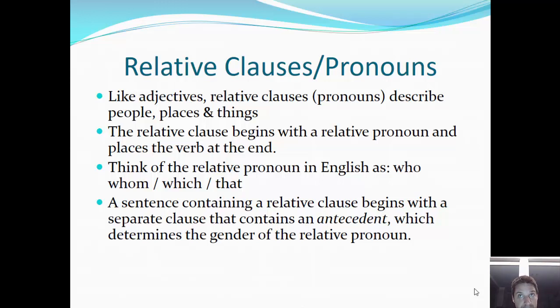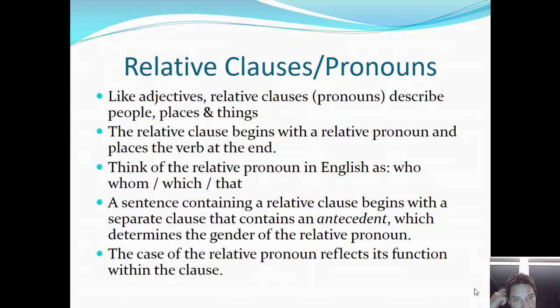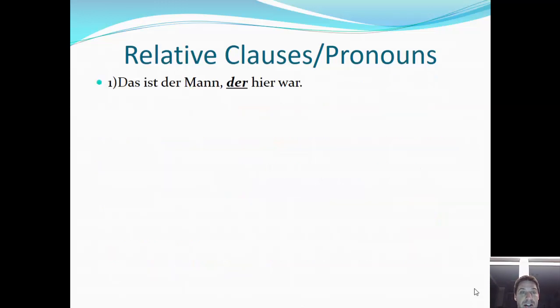There are times, however, when we could have three clauses, with the sentence broken up into three parts. The relative pronoun reflects its function within the clause. So enough of this explanation. Let's look at some examples.